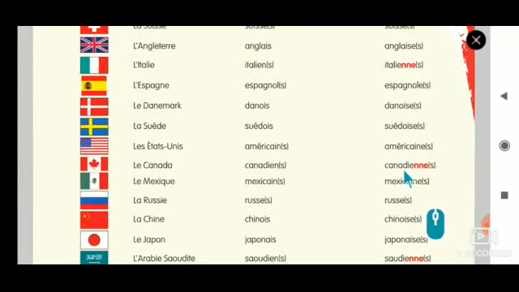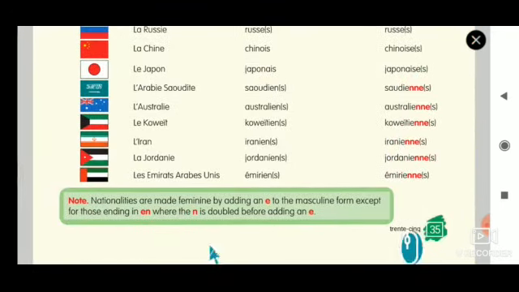So in case you forget, just follow this note which is given here. That is, nationalities are made feminine by adding an e to the masculine form, except for those ending in en, where the n is doubled before adding an e.